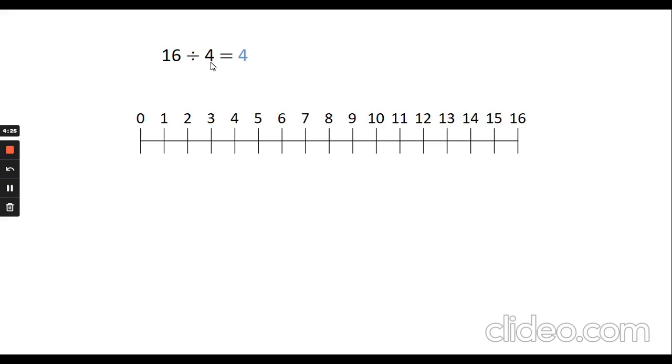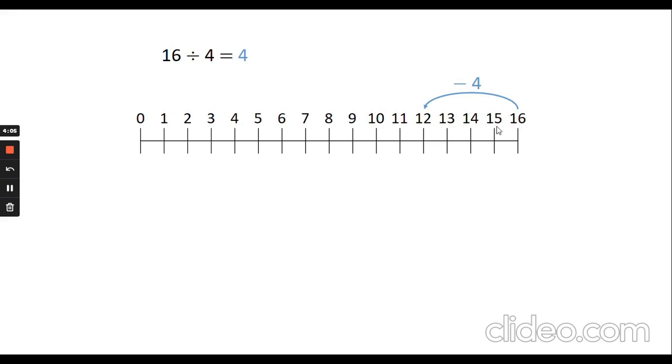We are dividing by 4, which means we have to do jumps of 4. So I start at my total number, my 16, and I'm going to jump back 4 spaces on my number line.